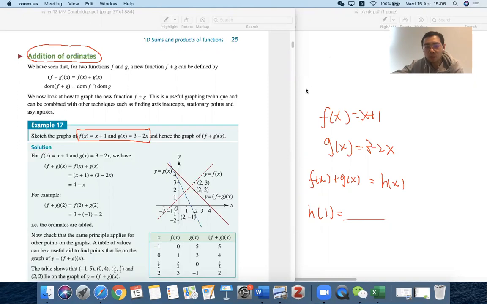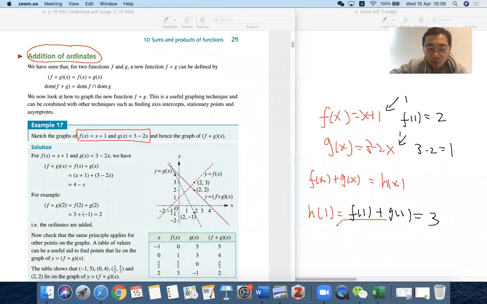So I plug the 1 in here. I get f(1) is 2. Then plug 1 in here, I get 3 minus 2, which is 1 over here. So my h(1) is just my f(1) plus g(1), which is 3. It means my x value stays the same, but my y values add together.